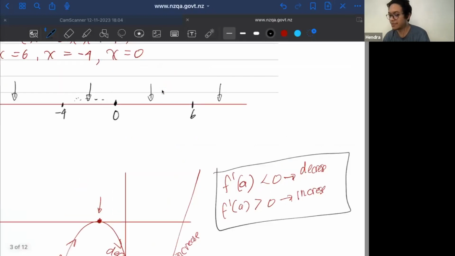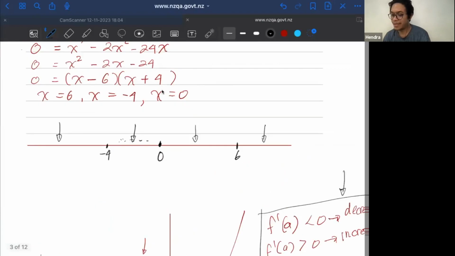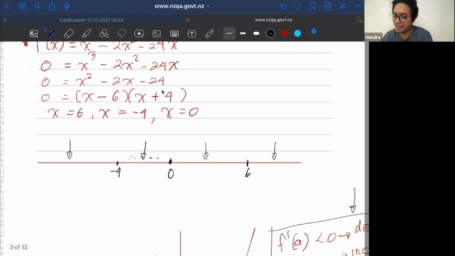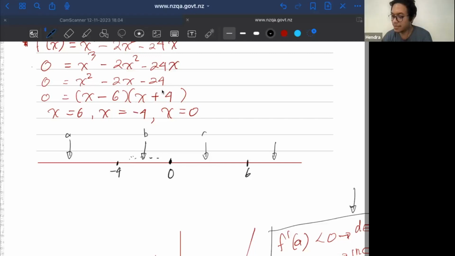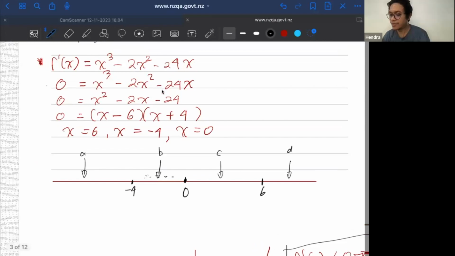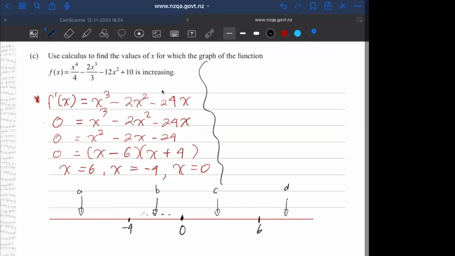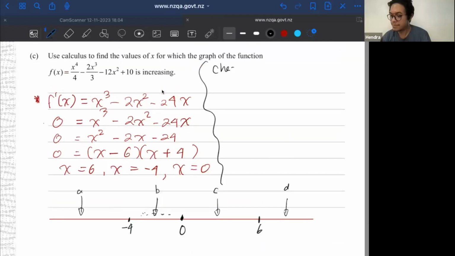Use these rules. Let's say A, B, C, D. In A, what number do you choose? -6. Check. Okay, x is -6.